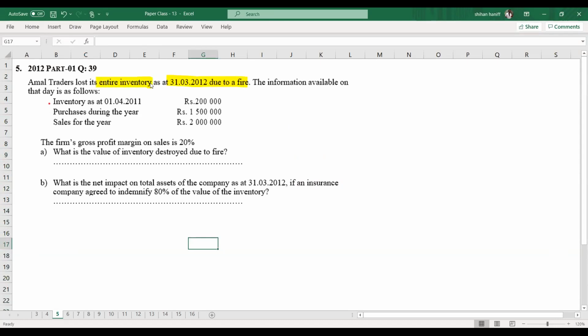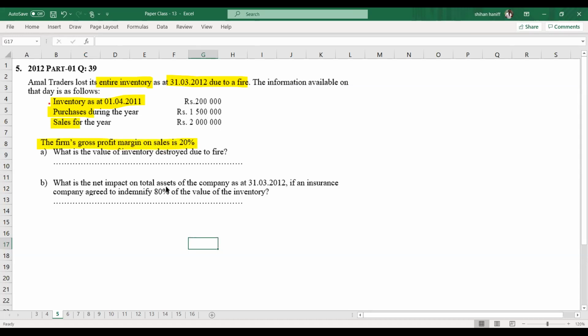Entire inventory, so that's the closing stock. Closing stock is destroyed due to fire. The information available on that day is as follows: inventory as at 1st of April, purchases and sales. The firm's gross profit margin on sales is 20%.